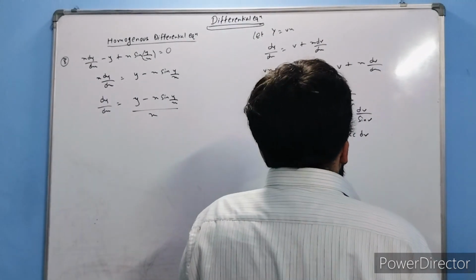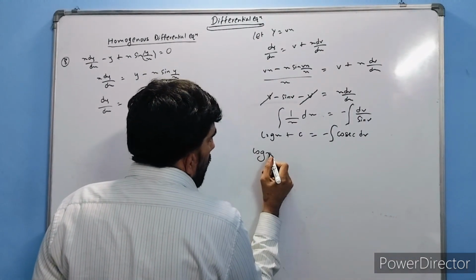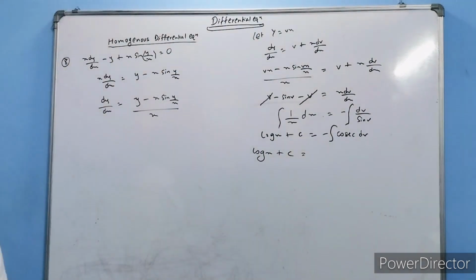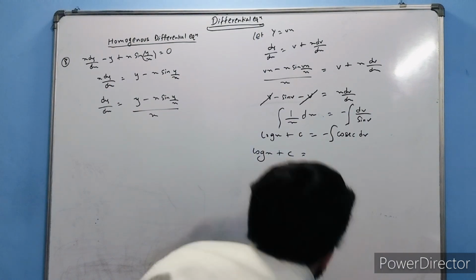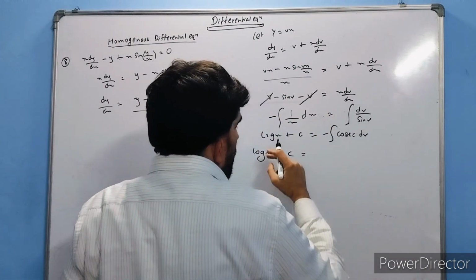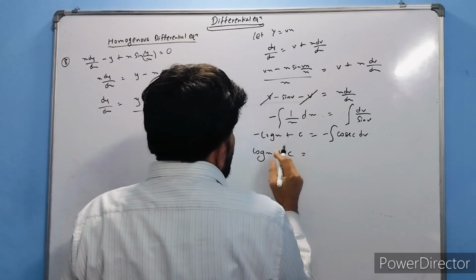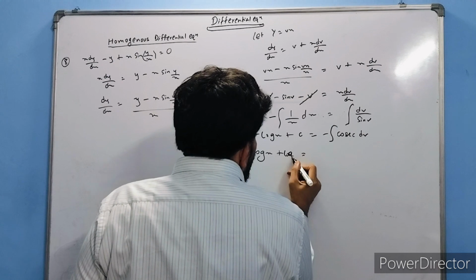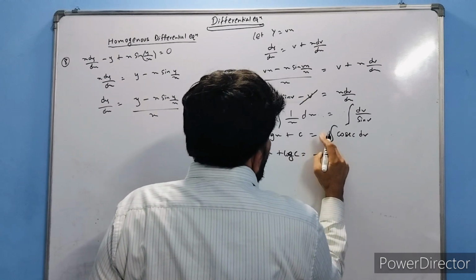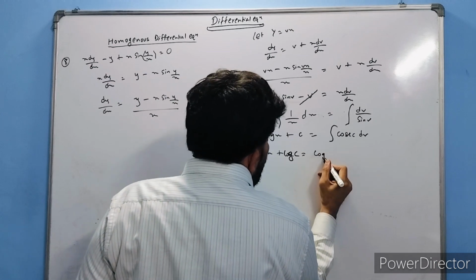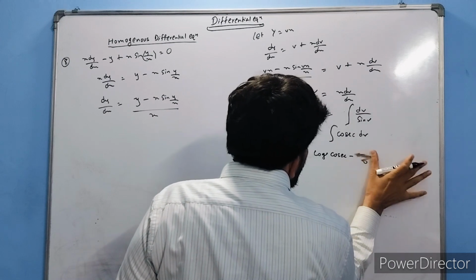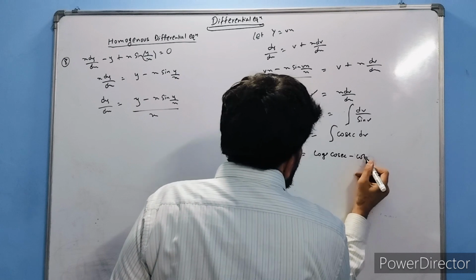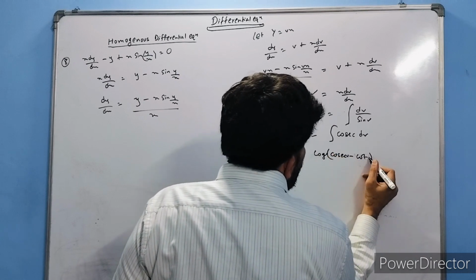So now we have log x + c is equal to... Now this is minus, so minus log x plus, here I can take log c, and here we have log(cosec v - cot v).